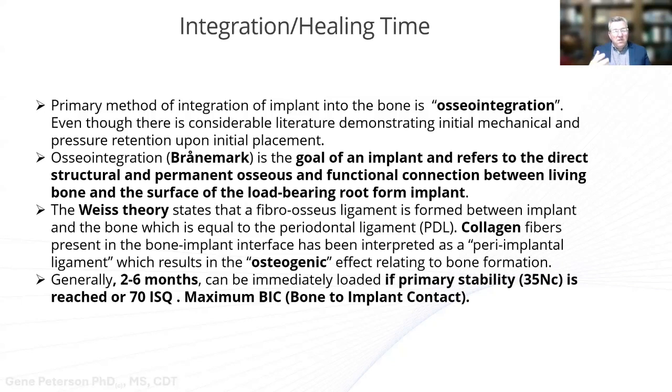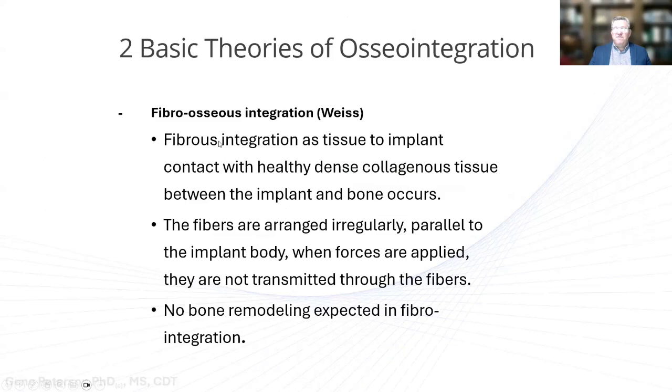Okay, it gives you non-integrated numbers. It's a strength of how well that implant is sticking in the bone. And then there are also numbers that are considered BIC, which is bone to implant contact, which is also another standard.